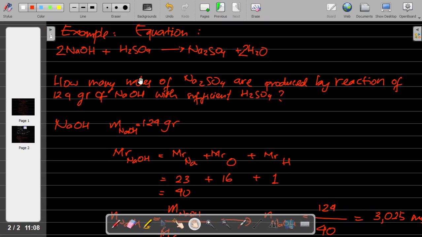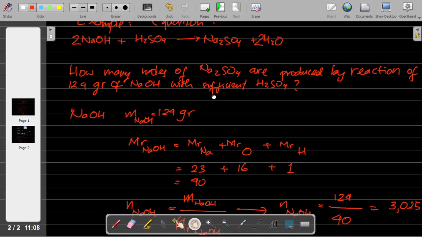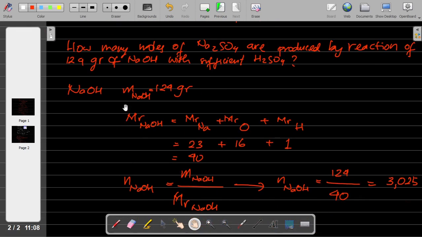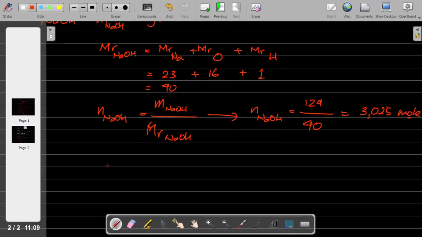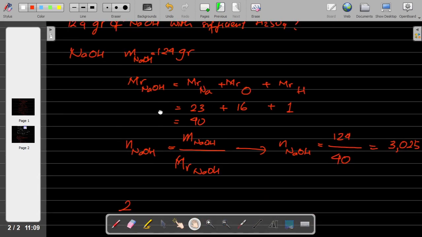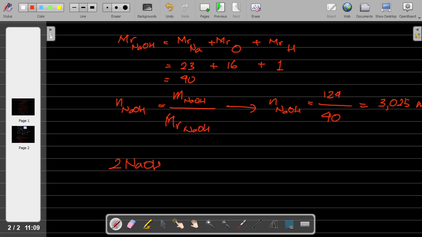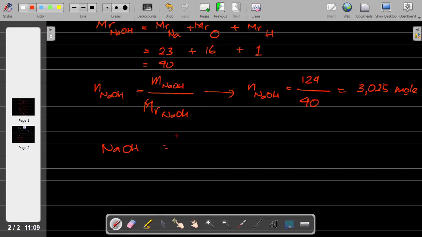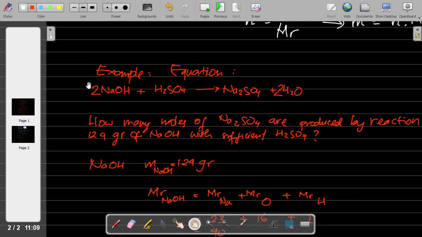So how many moles of Na2SO4? We have 2 NaOH here, compared to Na2SO4, because we are going to find the moles of this substance, and the ratio is 2 and 1.